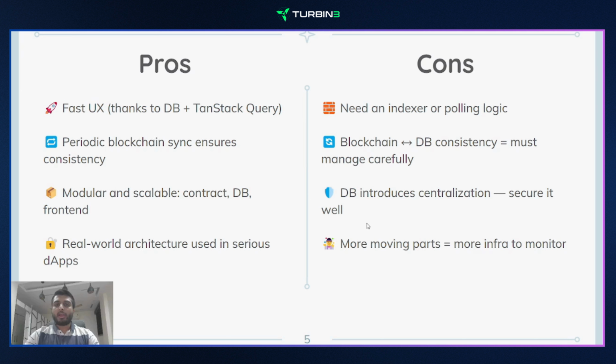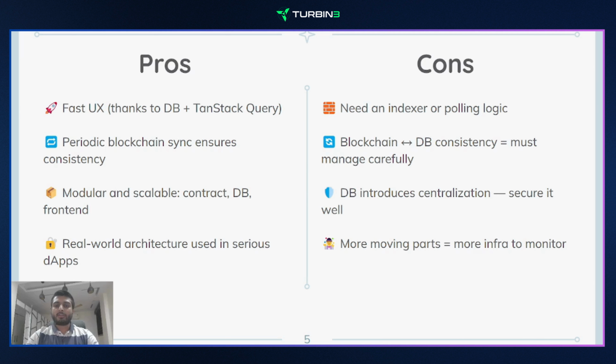While there are a lot of benefits, there are some negatives as well, which are the cons. You need indexer or polling logic, which makes it a bit tougher than the traditional architecture.